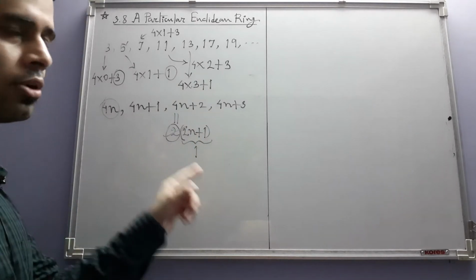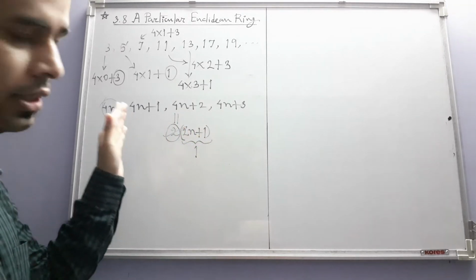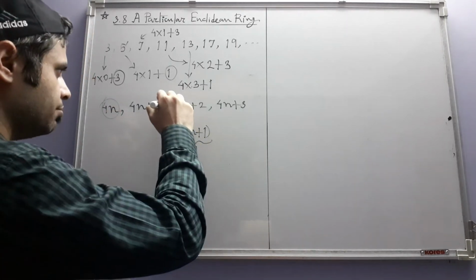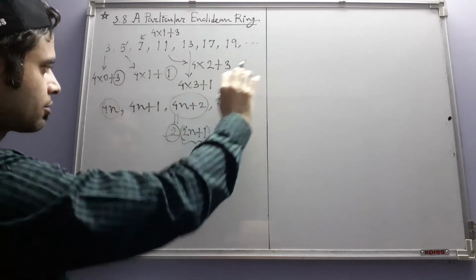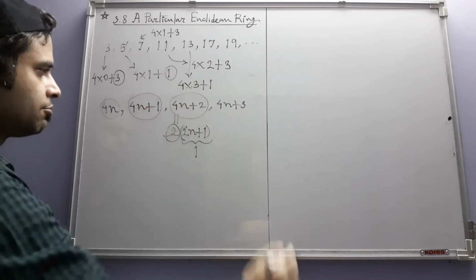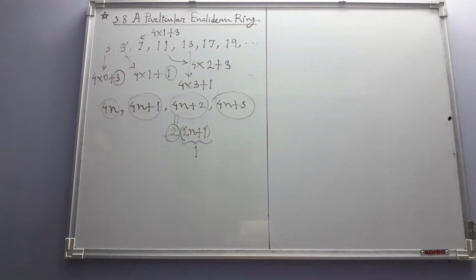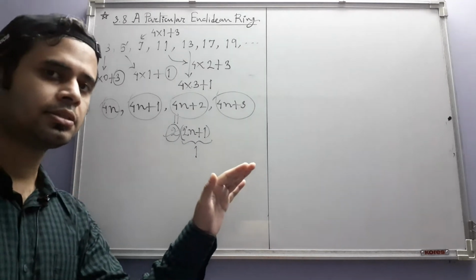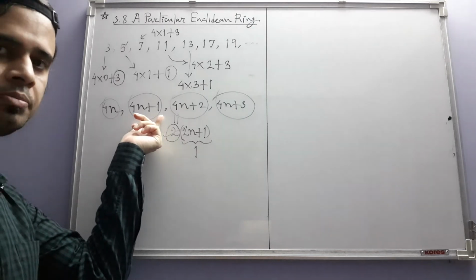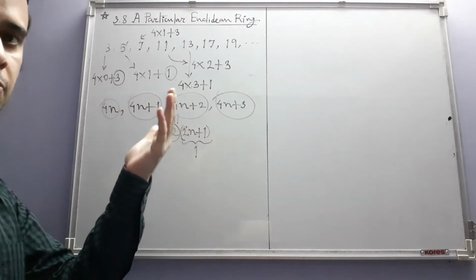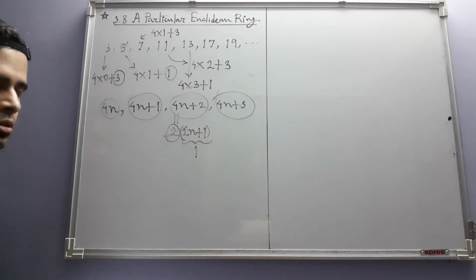So 2 is the only prime of the form 4n plus 2, which is also the only even prime. Besides this, whatever odd primes we come across, they are either of the form 4n plus 1 or 4n plus 3. Now our ultimate aim in this section is to prove that every prime of the form 4n plus 1 can be written as a sum of two squares of integers. That's what we want to prove.